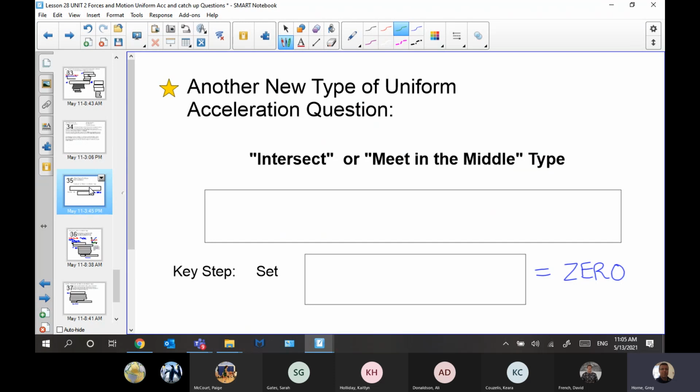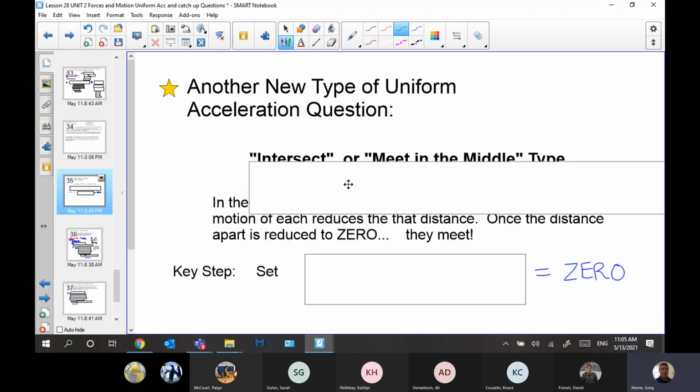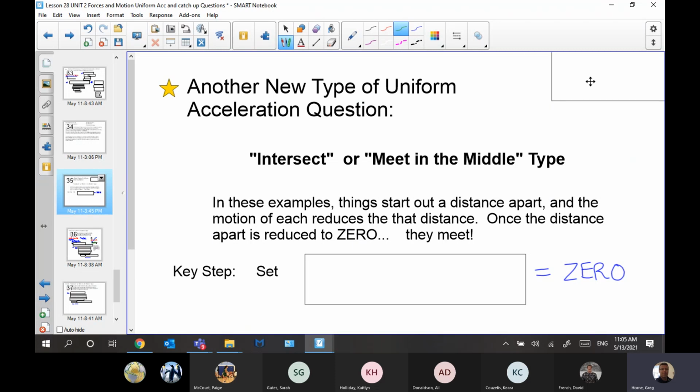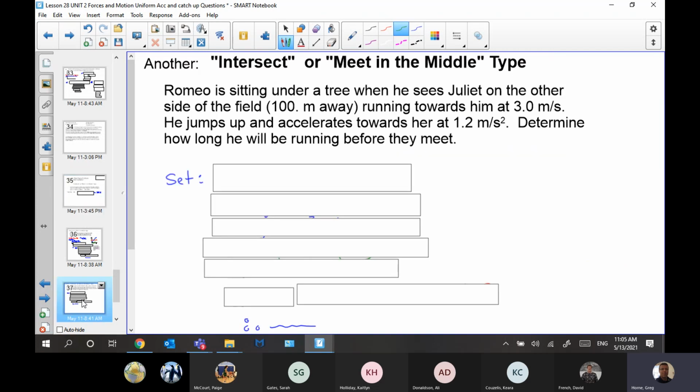So this is the main intro page for the other type, the intersect or meet in the middle type. So in these questions, things start out a distance apart, and the motion of each reduces that distance apart to 0. Once that distance apart is reduced to 0, they meet. Right? I kind of like how this worked out actually, because it got us thinking about the idea of it in this Romeo question.